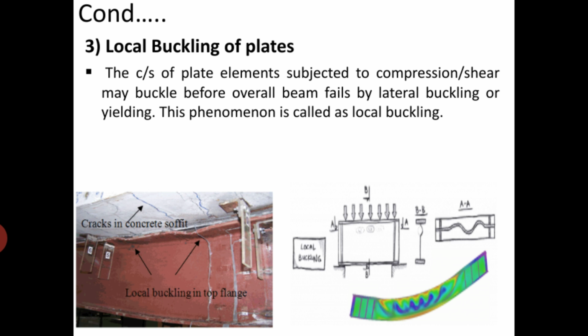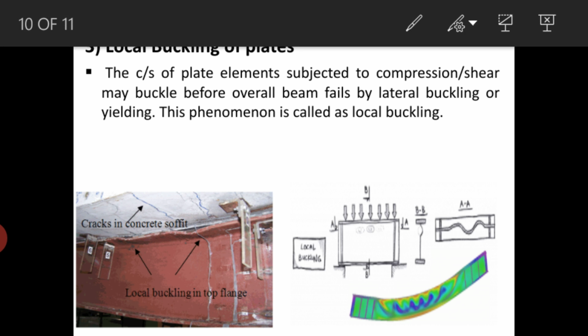When the plate elements are subjected to compression or shear, they may buckle before the overall beam fails. Means before the overall beam fails, they first buckle by lateral buckling or yielding, and this phenomenon is called local buckling, which affects the moment carrying capacity.